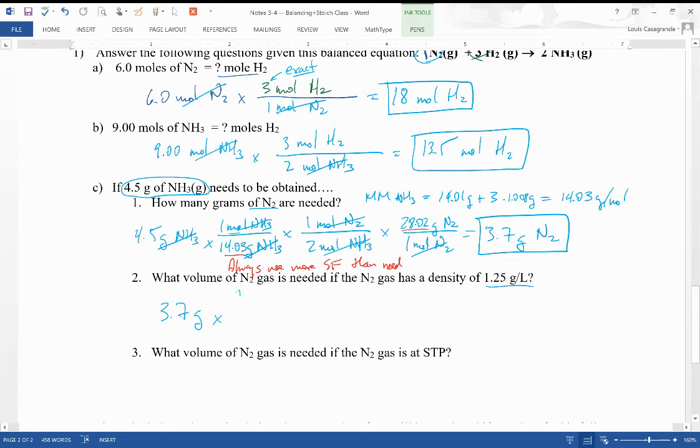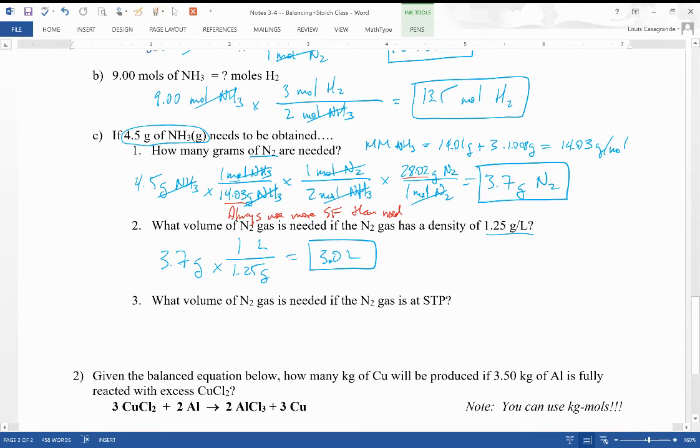So we're going to multiply by 1 liter over 1.25 grams, that's the density of nitrogen. Multiplying by the inverse density, to 2 sig figs we get 3.0 liters. We don't need to worry about what the answer was to more sig figs.